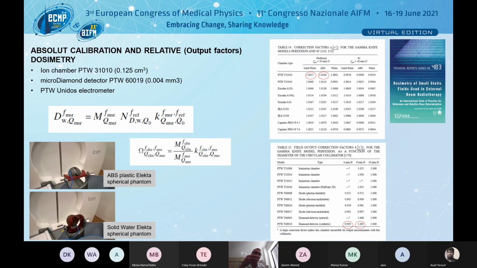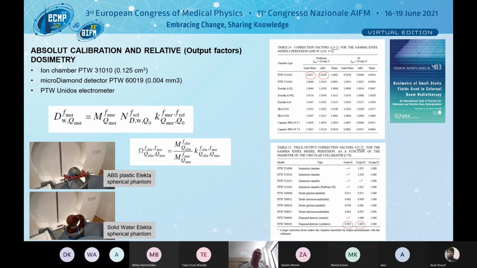As it comes to absolute dosimetry, it's important too, and definitely you cannot use the standard chamber, 0.6 cubic centimeters. But if you use a proper chamber, for example, in gamma knife we're using this PTW 31010. You can use, for example, extra thin chambers with small volume, generally something of this volume and smaller.